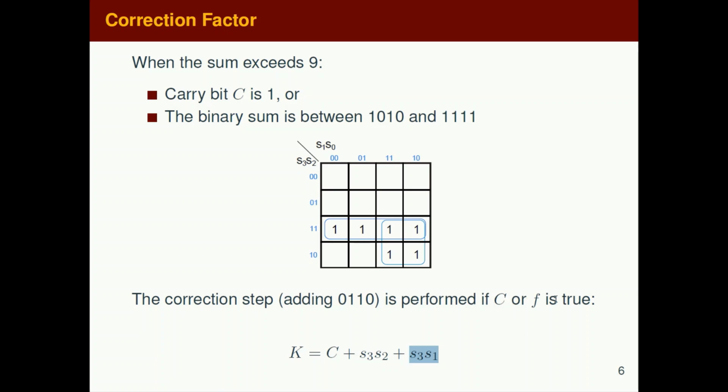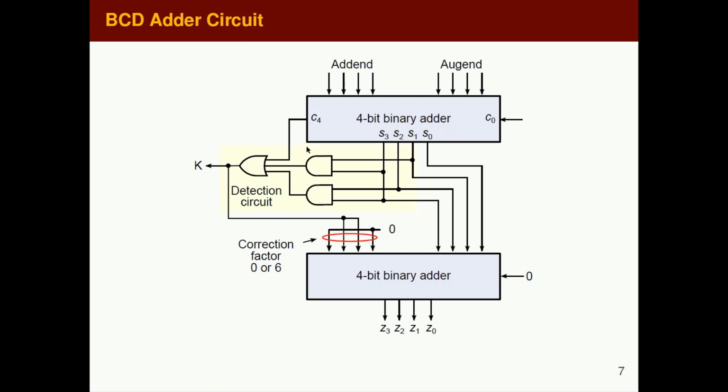If C is true, add with this looping, and also add this looping, so you get K. So by this equation, K equals C, OR with S3 and S1. Another OR is combined with another AND gate, which is S2 and S3.